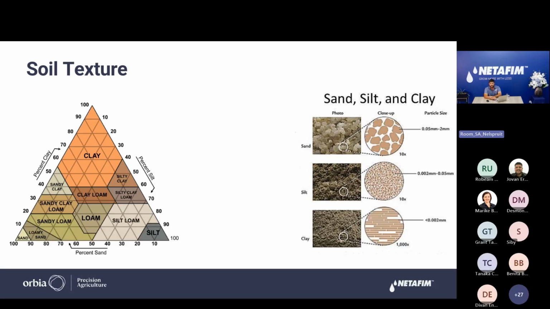Anything larger than 2 millimeters is considered gravel and rocks and other matter. When we look at soil minerals specifically, it's everything smaller than 2 millimeters. And then if you zoom in a lot more, you can see that silt is 0.02 millimeters to 0.05, and then a lot smaller than that would be your clay particles.